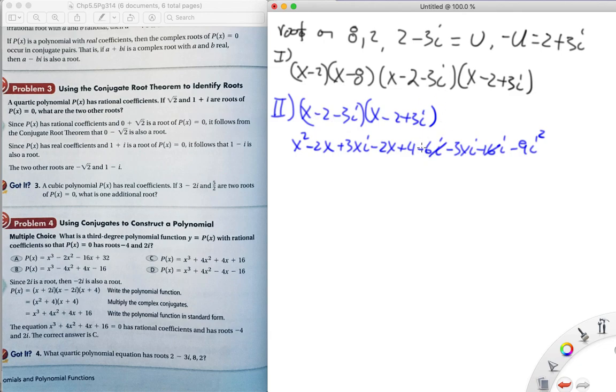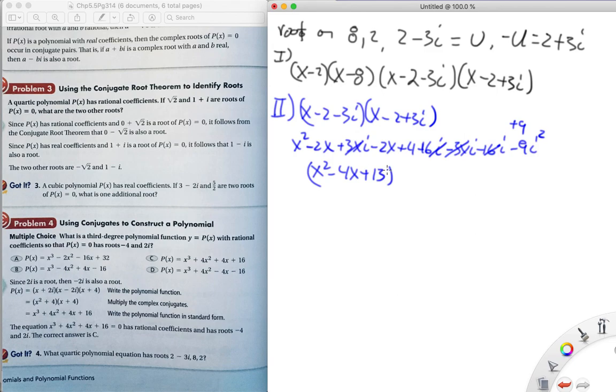This would be plus 6i. That was my mistake. This goes, and these stay. So this is x squared minus 4x. Here's a 4. And remember, minus 9i squared is the same thing as saying negative negative 9, or plus 9. So plus 13.